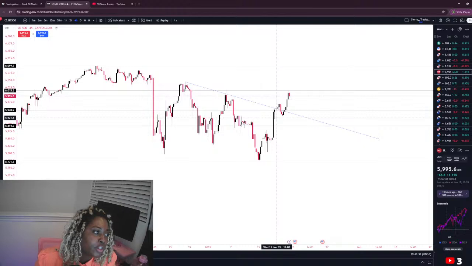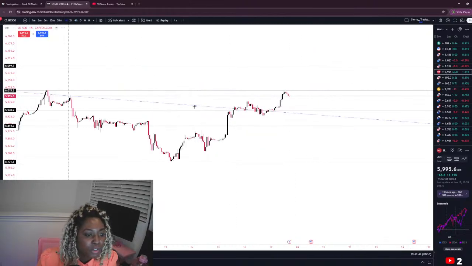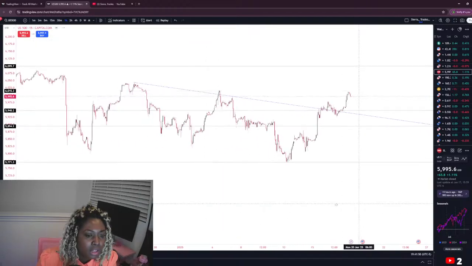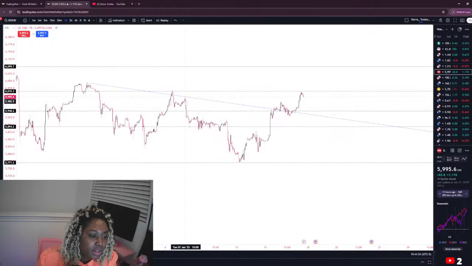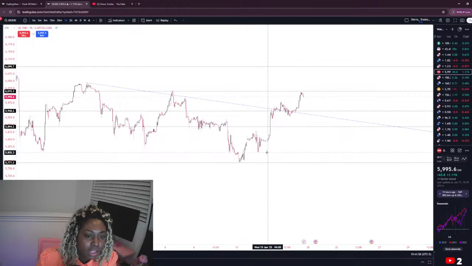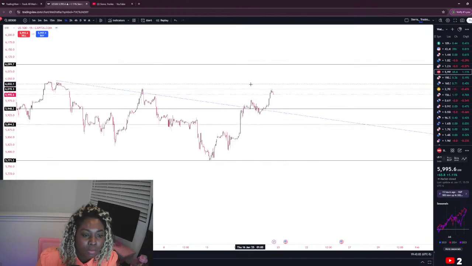I would for sure love to see price come back here and then continue higher. For sure, I want to see it clear out all this imbalance right here. But it didn't do that here. It just traded on down. And so this could continue to just trade on up.